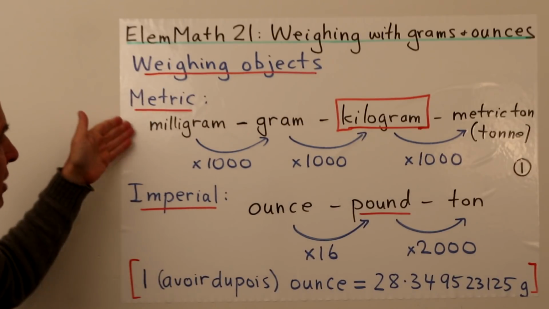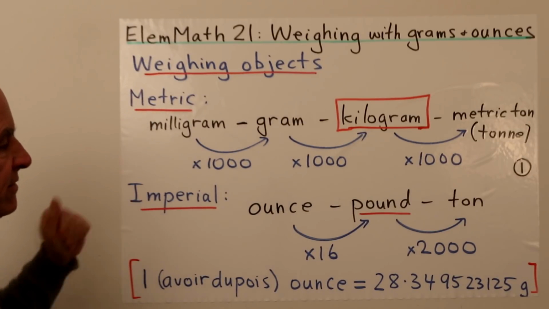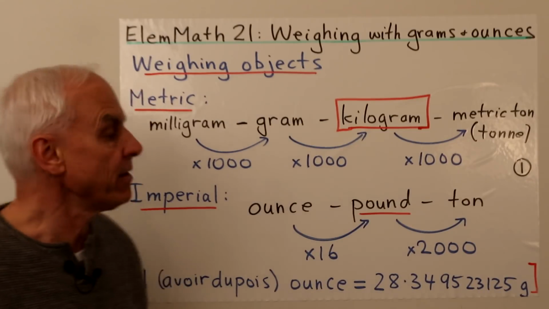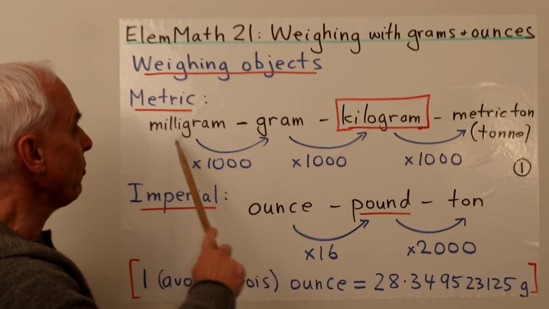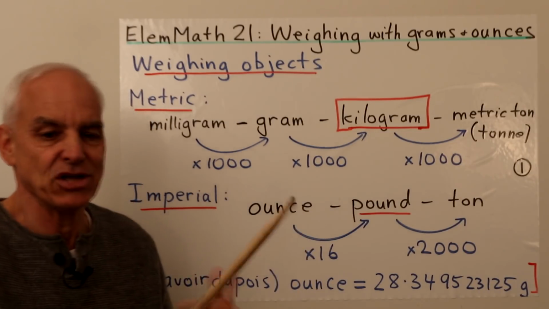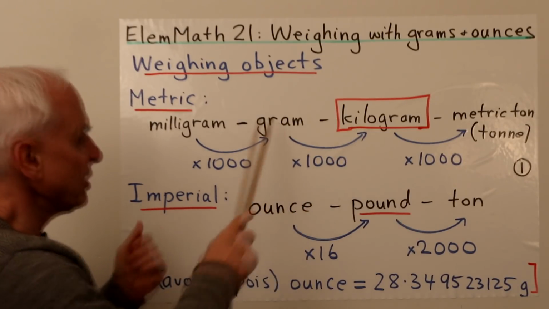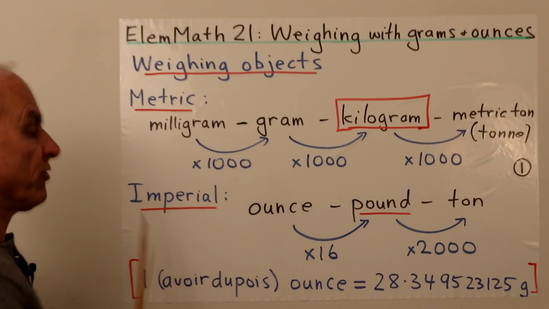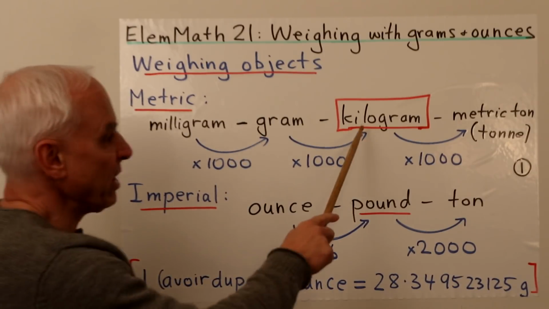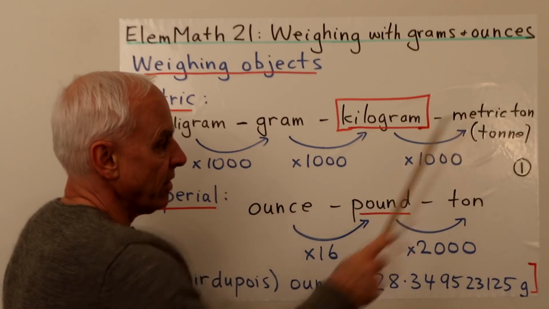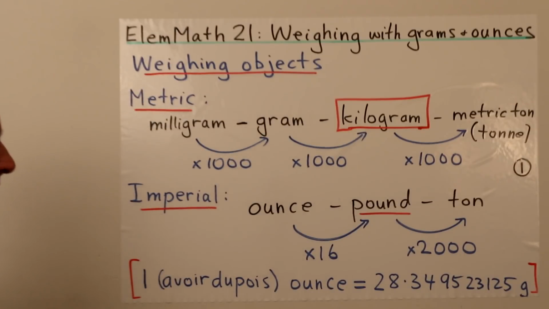Okay, so there are two systems for measuring weight. The metric system, with the kilogram as the essential main unit, and then some smaller units, the gram, and maybe also a milligram, and a bigger unit, a metric ton, or tonne with a double n-e.